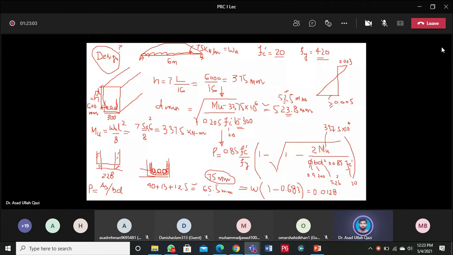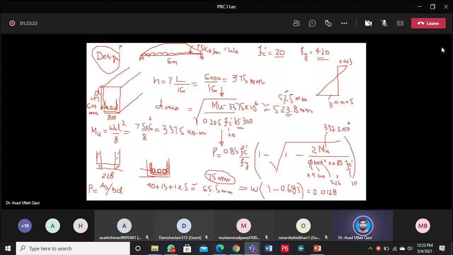Now since you are doing the design, you want to make sure that you are designing a ductile, tension controlled, under reinforced cross section, and which domain you are actually selecting for your cross section.